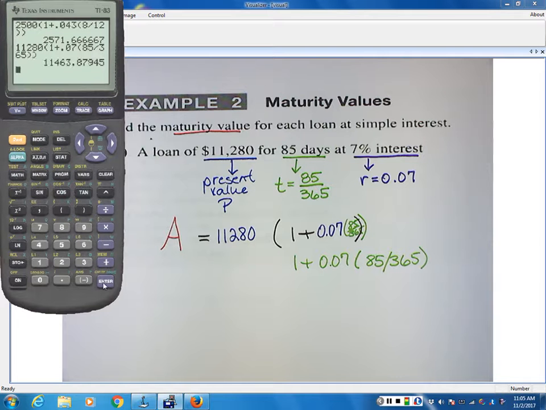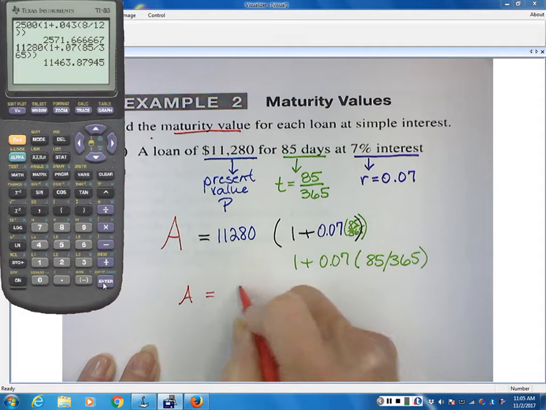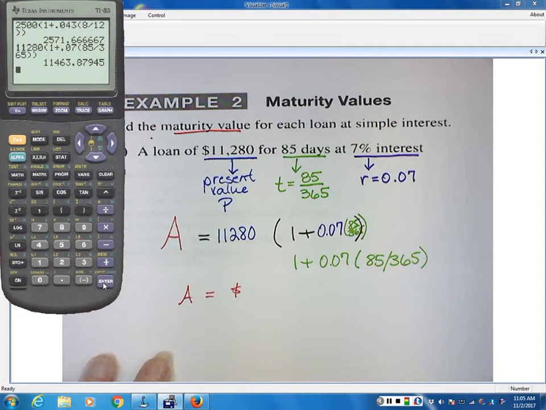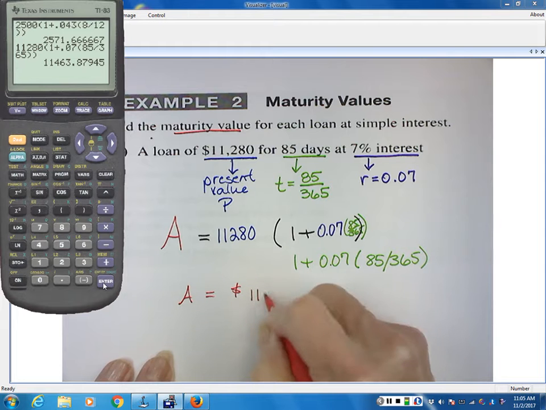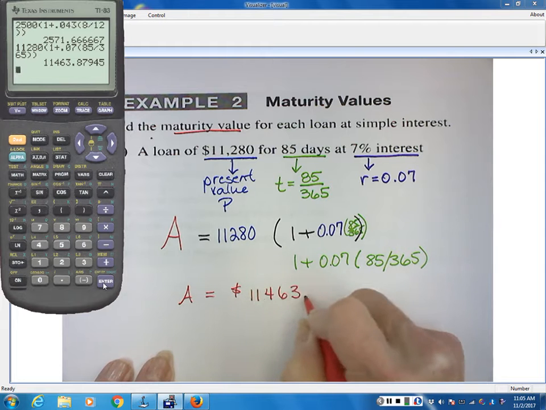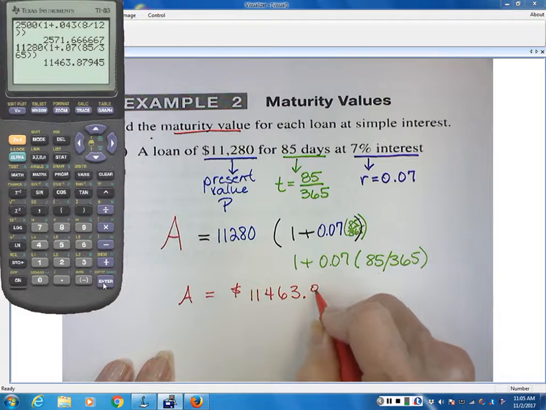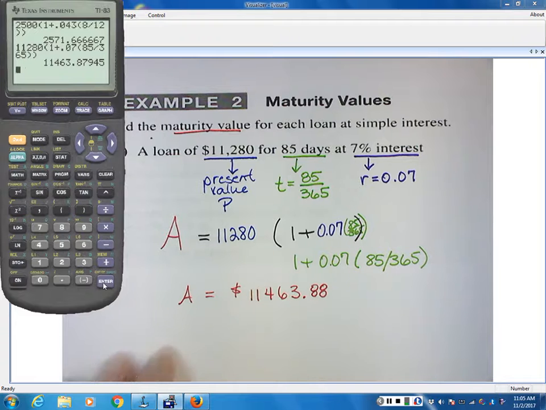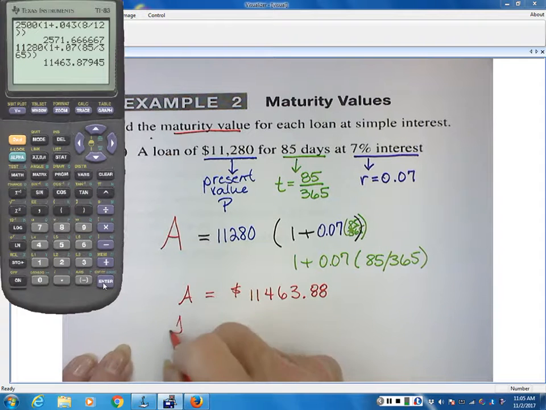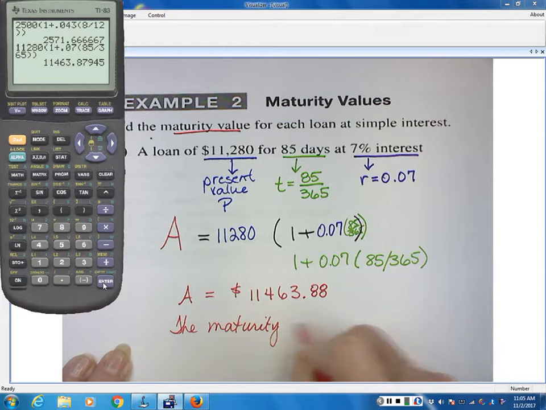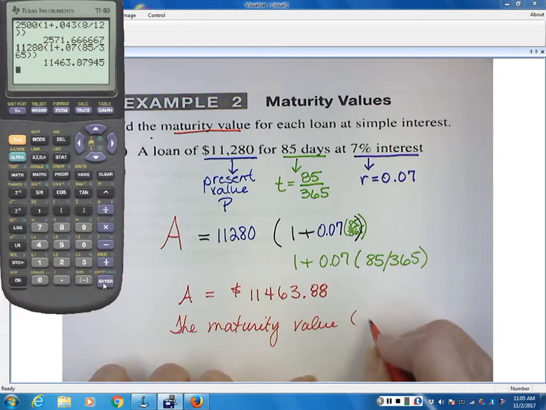So the maturity value for this loan is $11,463.88. And the maturity value is the amount that you're going to repay.